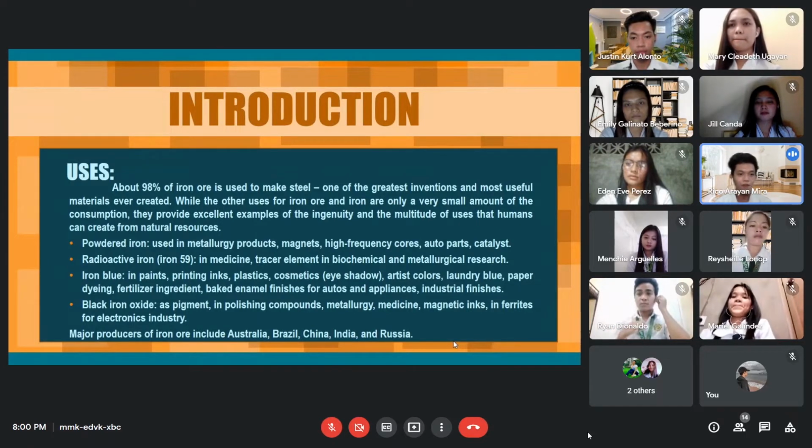In powdered form, it is used in metallurgy products, magnets, high-frequency cores, auto parts, and catalysts. Radioactive iron, or iron 59, is used in medicine, and as tracer elements in biochemical and metallurgical research.